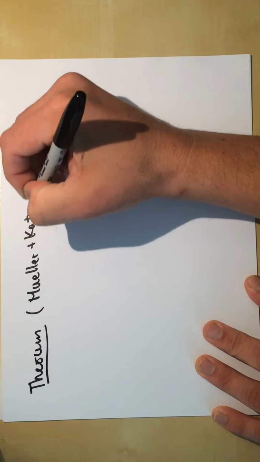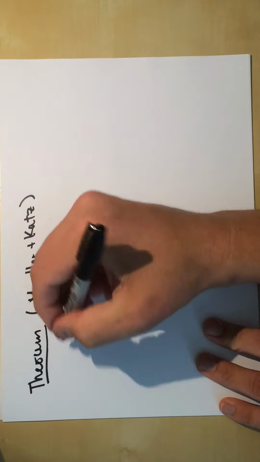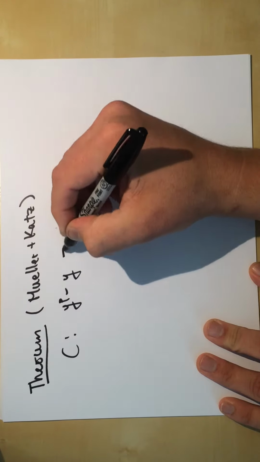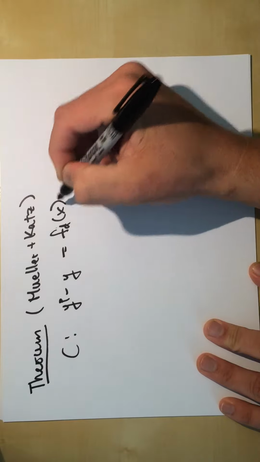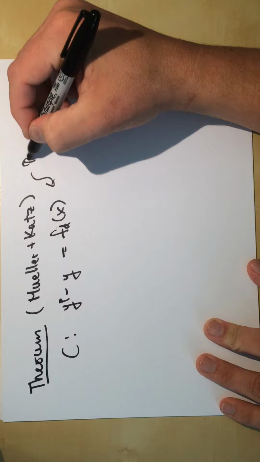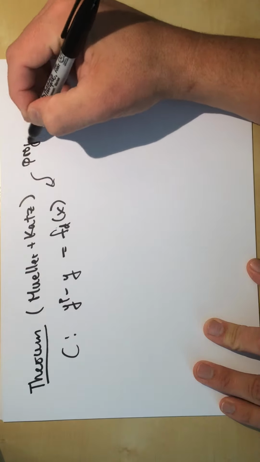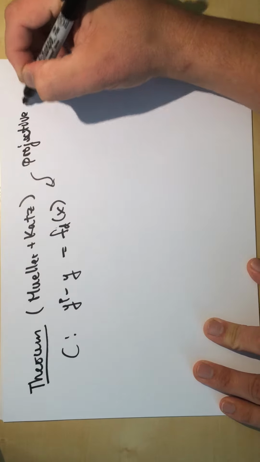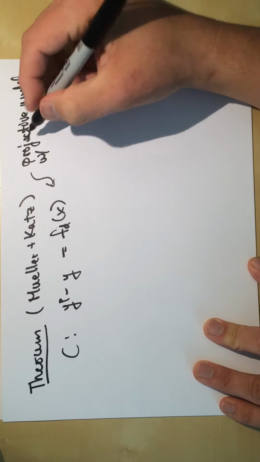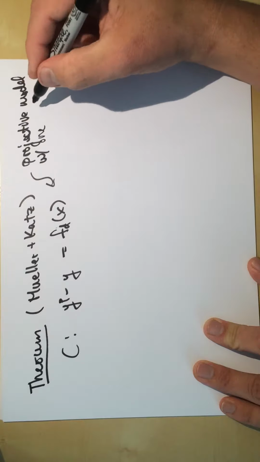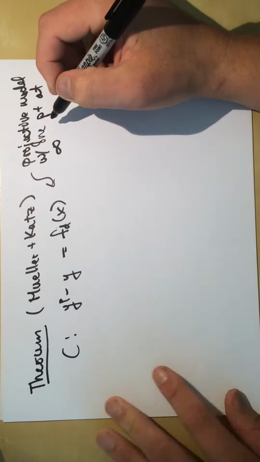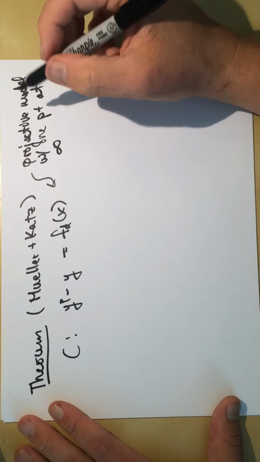It says that if you take a curve, and we take the projective model, with just one ramified point at infinity, we'll view this.